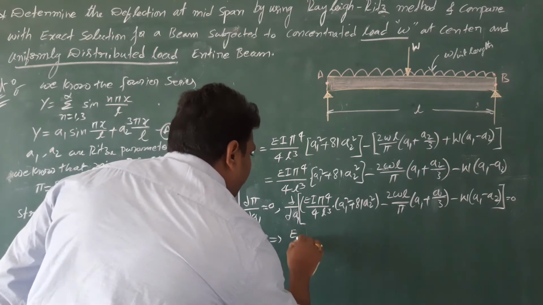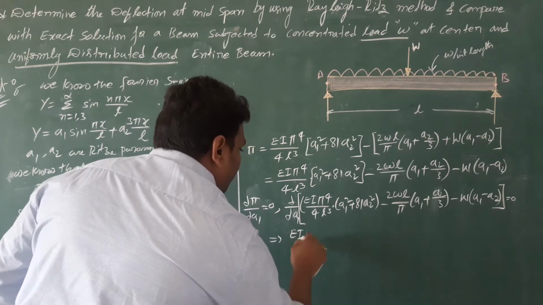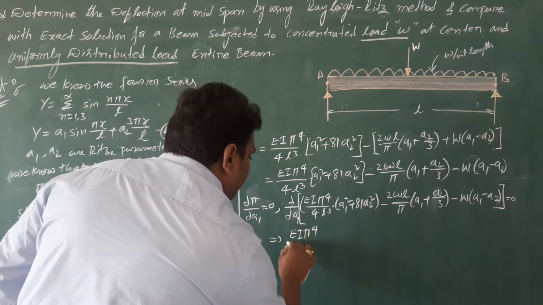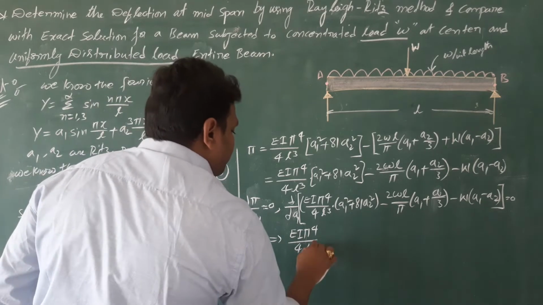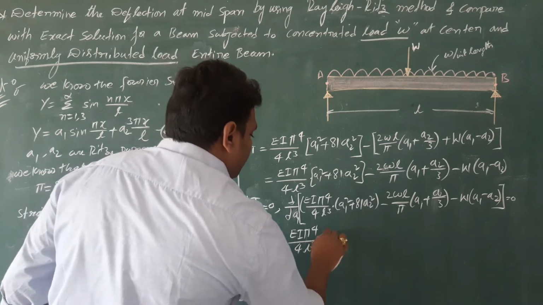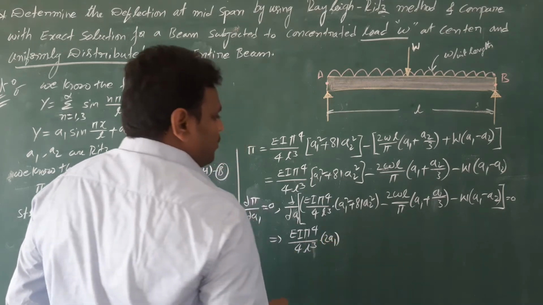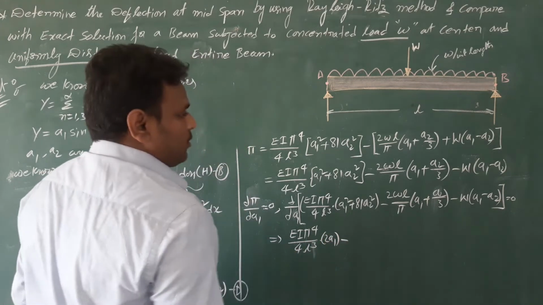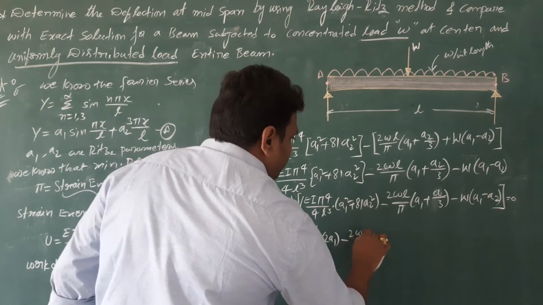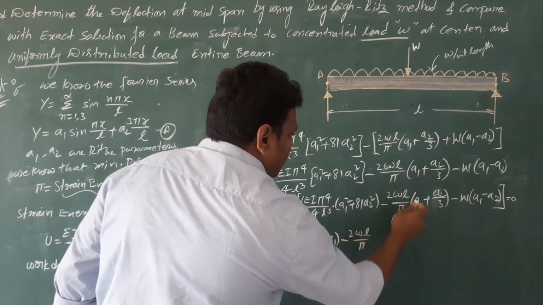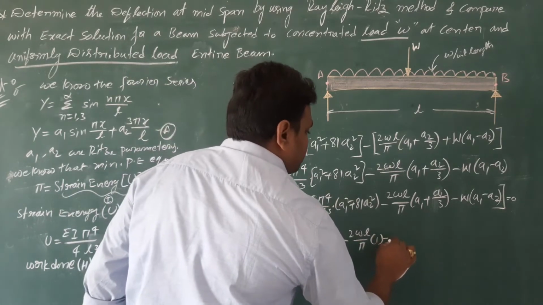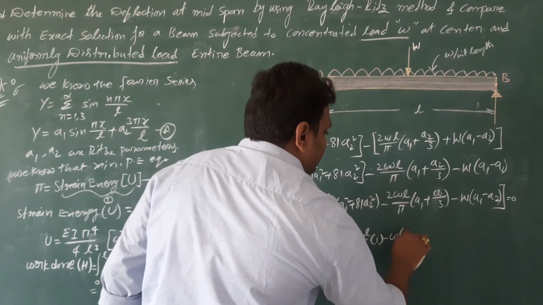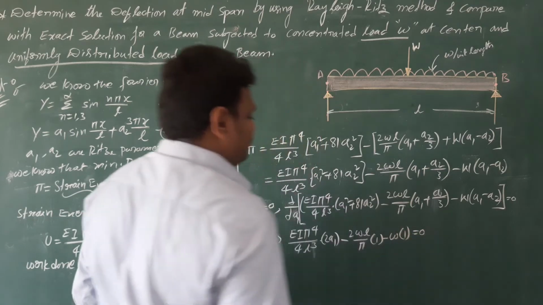Finally we get EI pi power 4 by 4L cube into 2A1, minus 2wL by pi, minus W, is equal to 0.